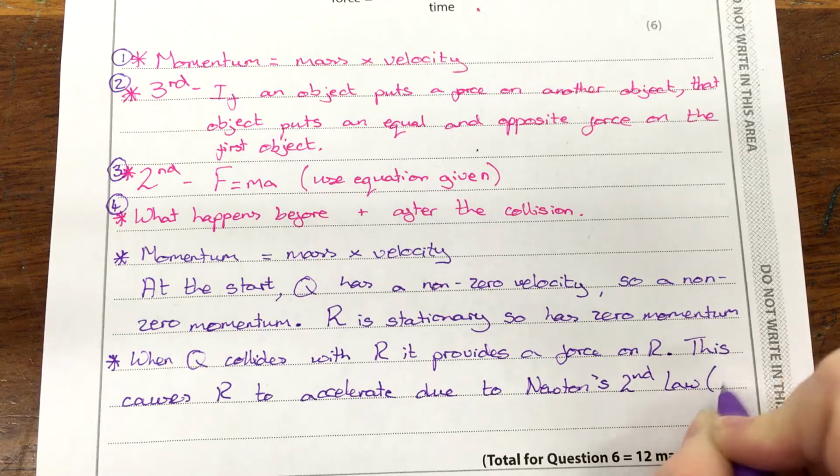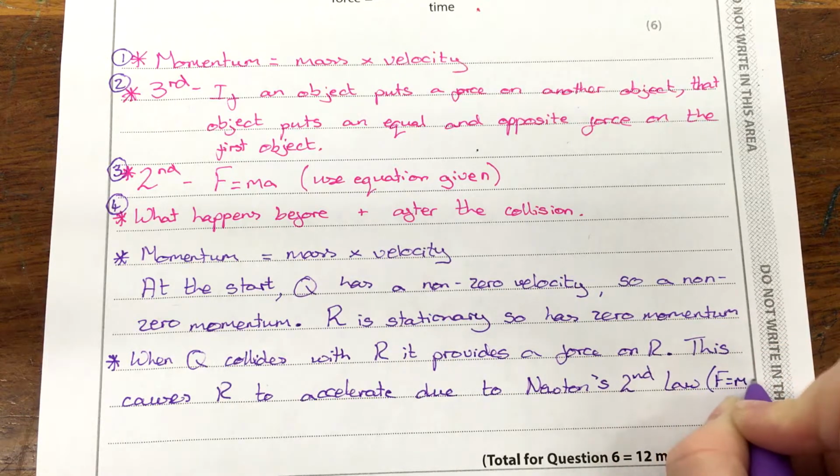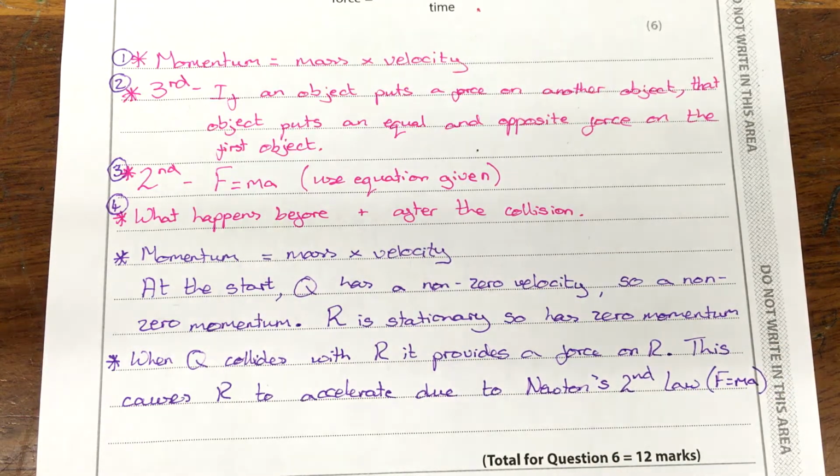And I'm going to put in brackets F equals ma, because this is showing if we've got a resultant force, then we're going to get an acceleration.